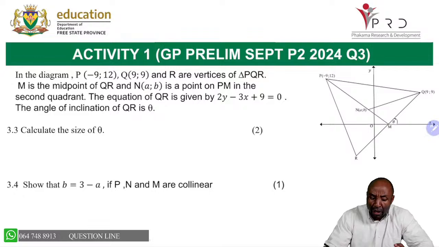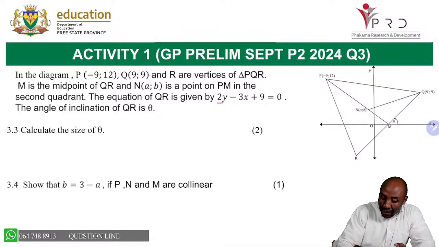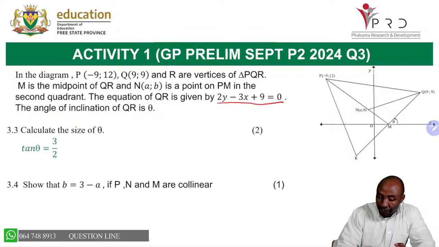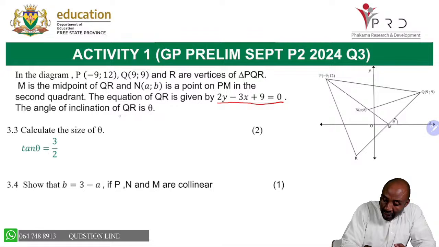3.3. We have to calculate the size of theta. If you check, theta is the angle of inclination of our QR. But remember, we are given the equation of QR as that one. So I will encourage you to write down this equation of a line as we are having 2y is equal to 3x minus 9.